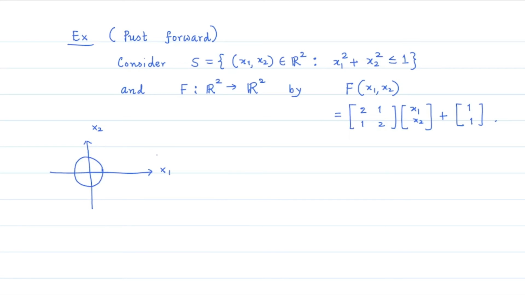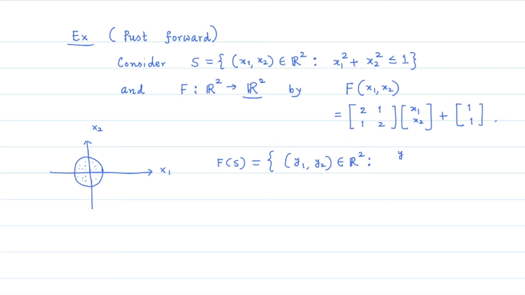Now let us try to identify the collection of all elements in the set FS. Notice that FS is given by the set of all points in the codomain space, that say (y1, y2), for which there exists a point (x1, x2) in S, for which f(x1, x2) is equal to this (y1, y2).